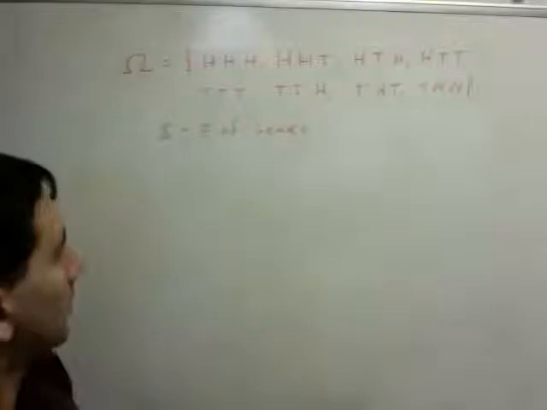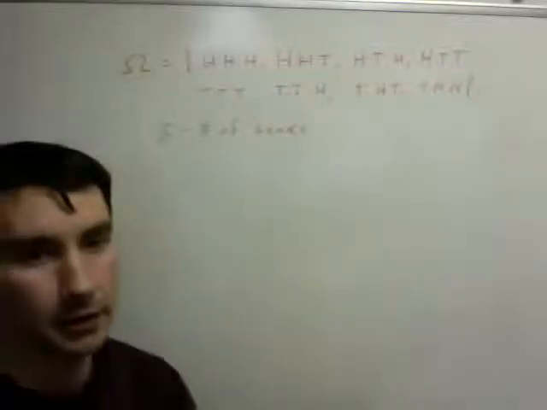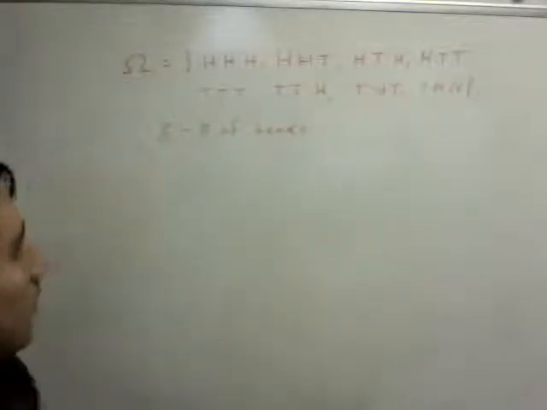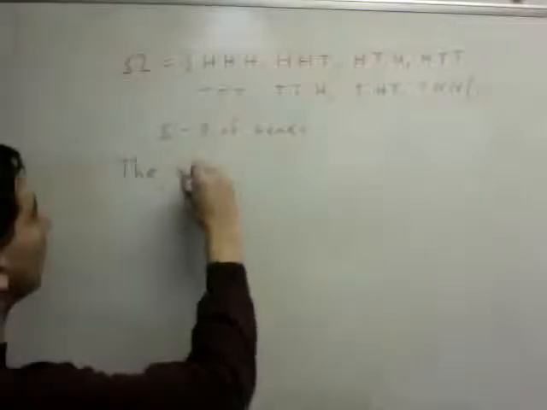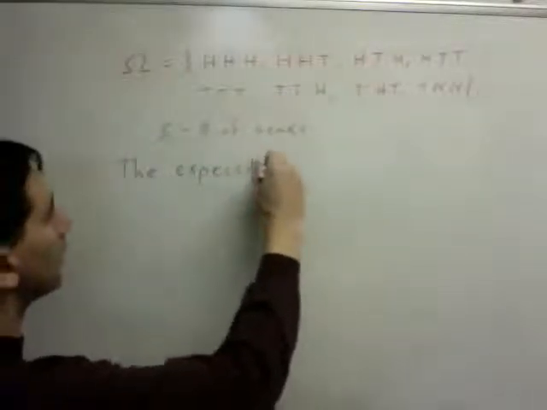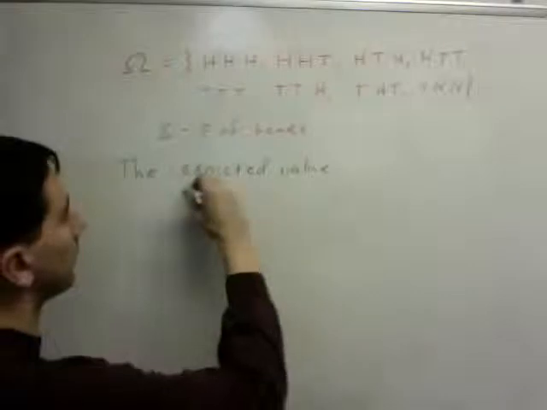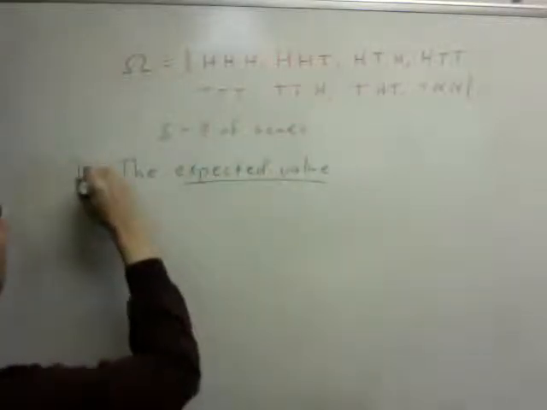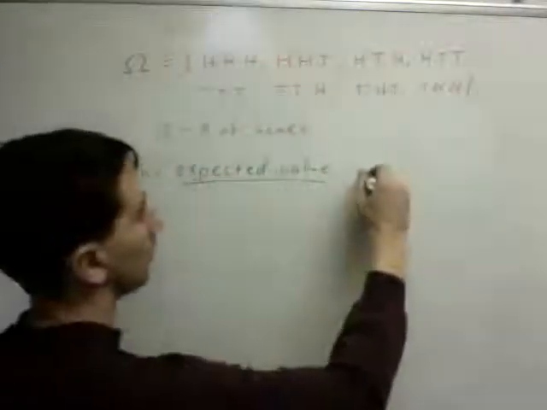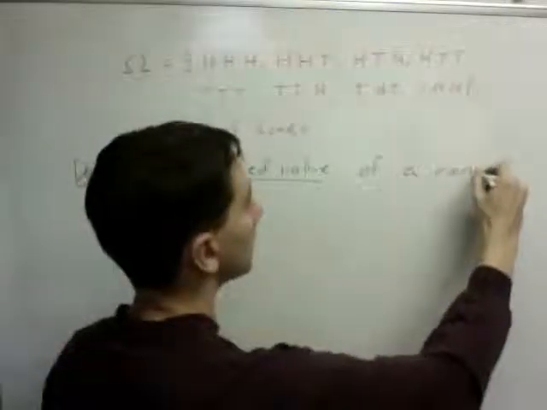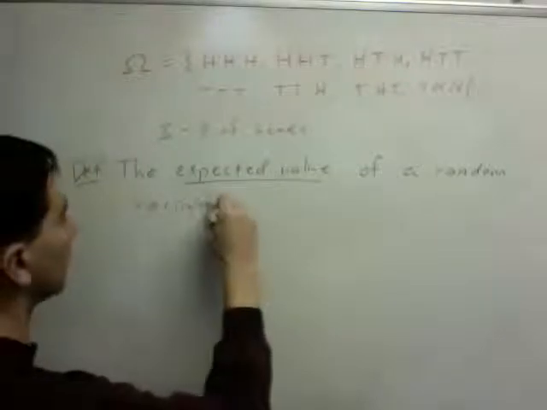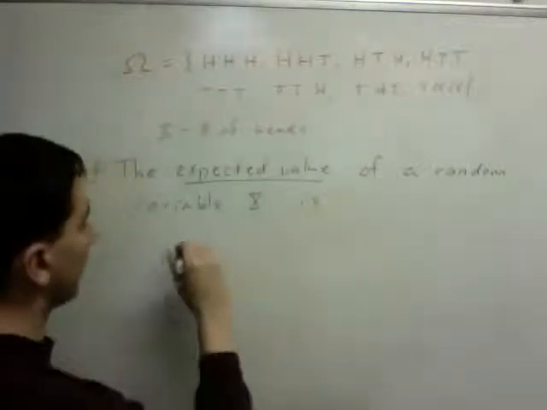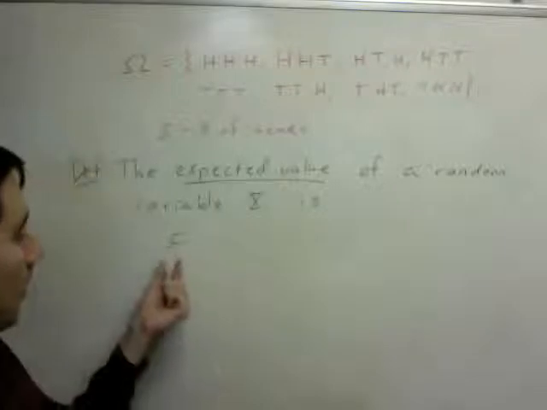And so one might ask, what's the average number of heads that we expect to see if we do something like this? Or what's the expected number? So the expected value, this is a definition, of a random variable x is denoted by E, and it's like a function of x.